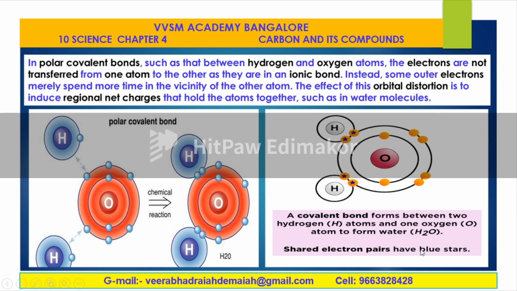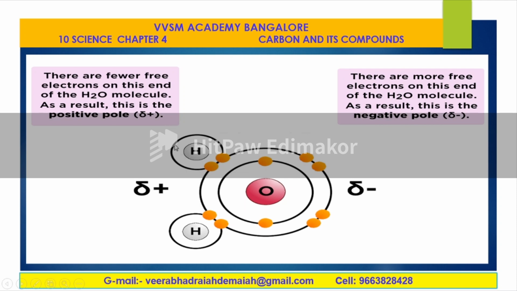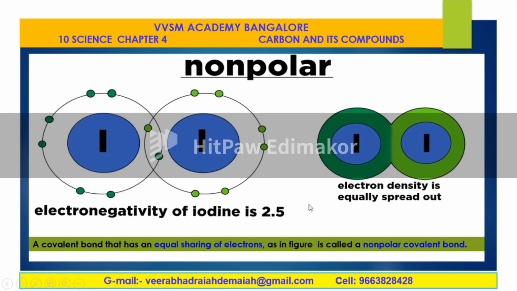Shared electron pairs have blue stars here. So there are fewer free electrons on this end of the water molecule. As a result, this is the positive pole. Delta plus is a positive pole and delta minus is a negative pole in the case of the water molecule.